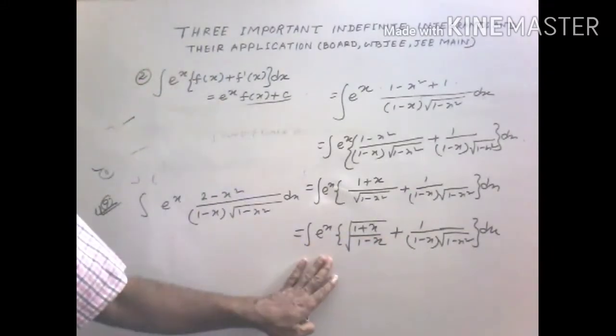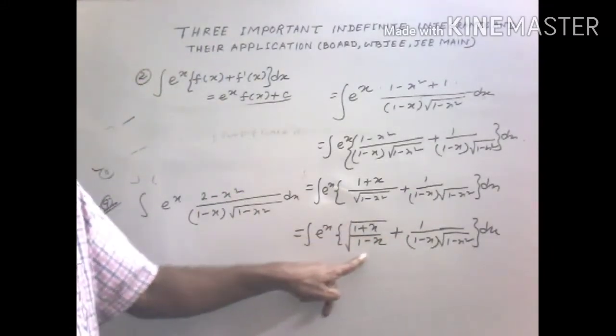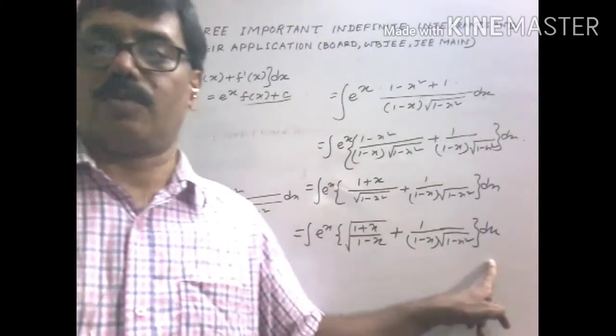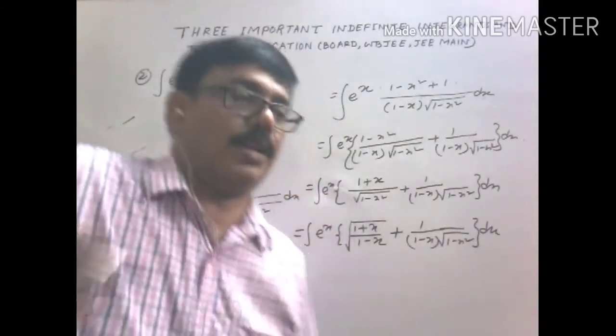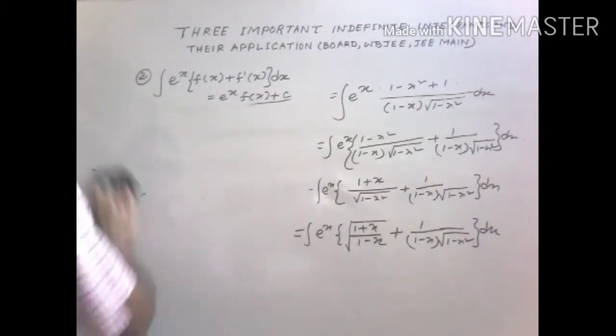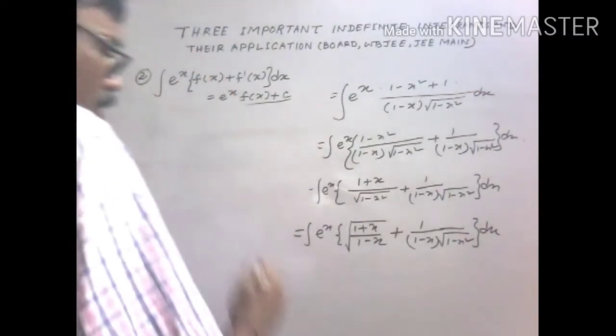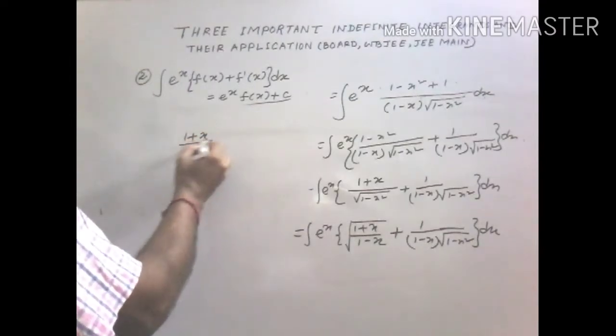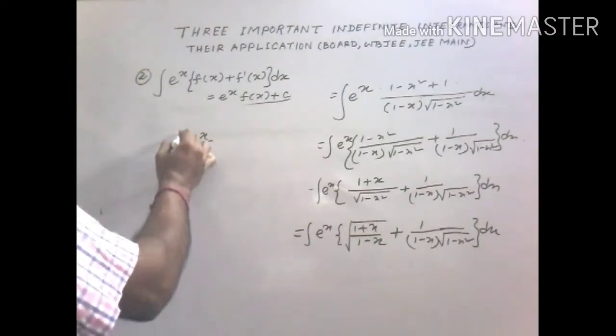Now look, the problem will be solved if we consider this as f(x), and its derivative is the second one. So let us verify what its derivative is. So root over 1 plus x by 1 minus x.